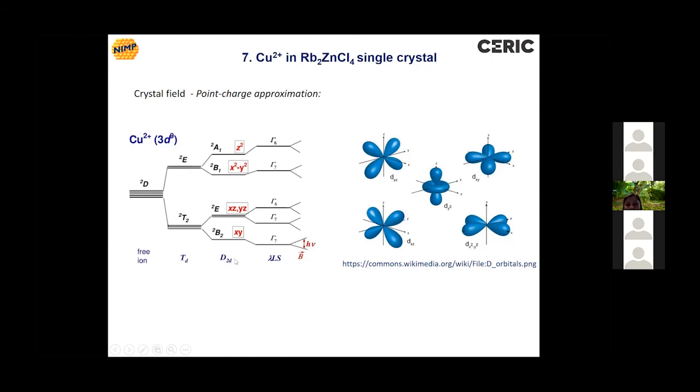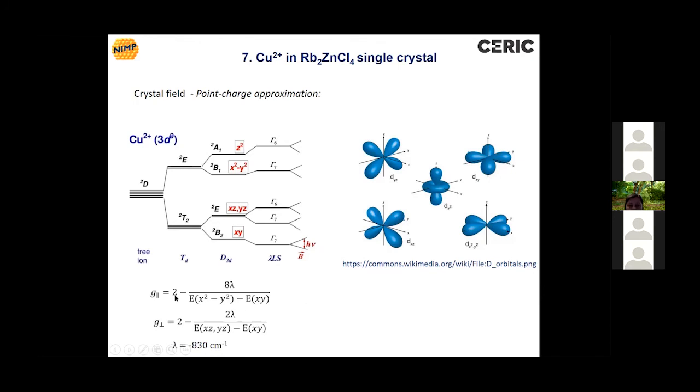This is for an axial perturbation, a tetragonal perturbation of the tetrahedron. And you see that again some of the degeneracy is removed, and the spin-orbit coupling removes all degeneracy. Now, this is the energy level system which we will use for determining the EPR parameters.